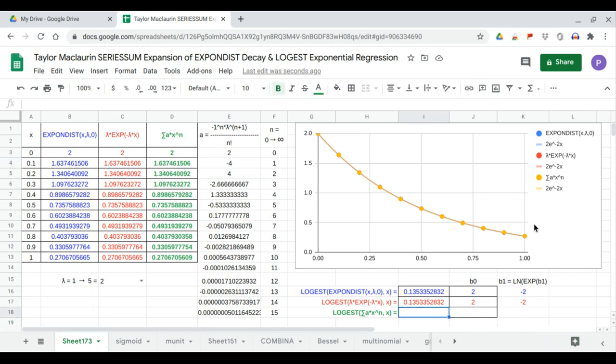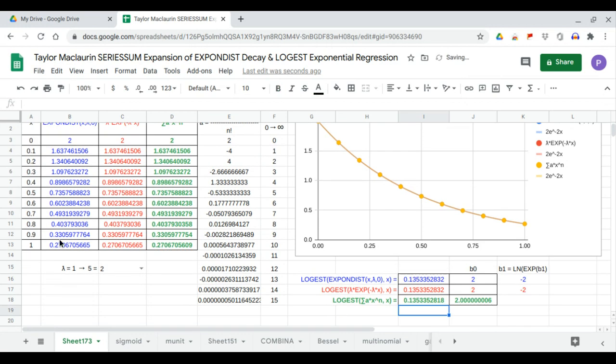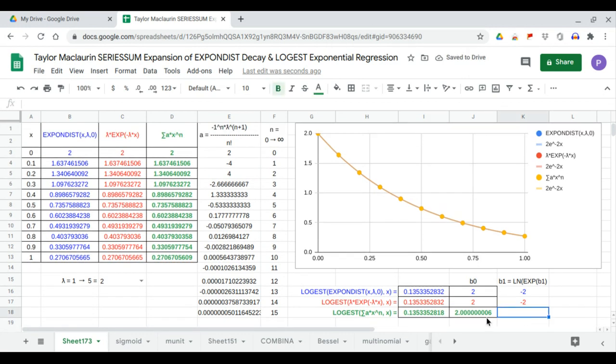We can calculate also the regression coefficient using LOGEST data y and data x. There's already an error because this expansion is only an approximation. So ln of exponent b1. And there's already an error.